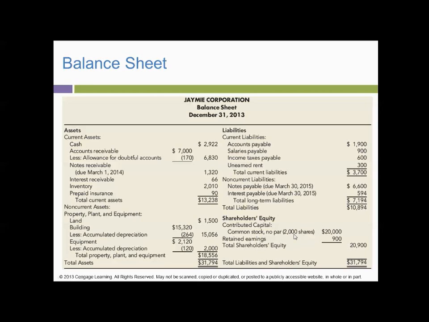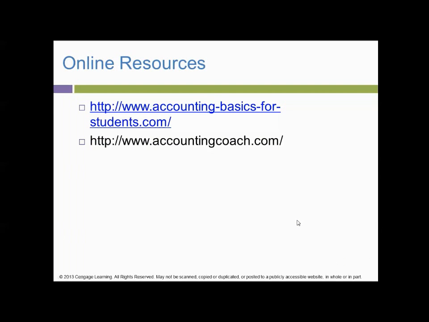Liabilities go current liabilities, then non-current liabilities, sometimes called long-term liabilities. Shareholders' equity is next. I can't remember if there's stock or not, but if there's stock, you put the stock, and then you put your retained earnings. And if your trial balance equals, then your balance sheet should equal too.